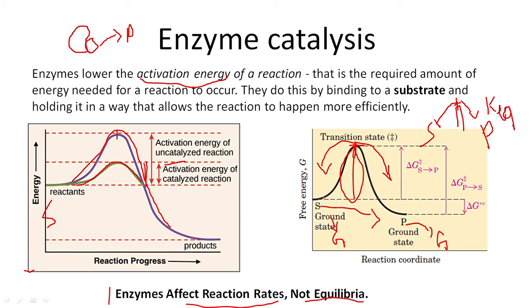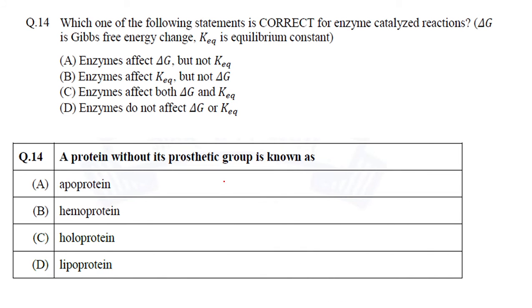So it does not affect the substrate and product. So we can say that the enzyme only affects the reaction rate and does not affect the free energy or equilibrium of the reaction. So here are some questions.